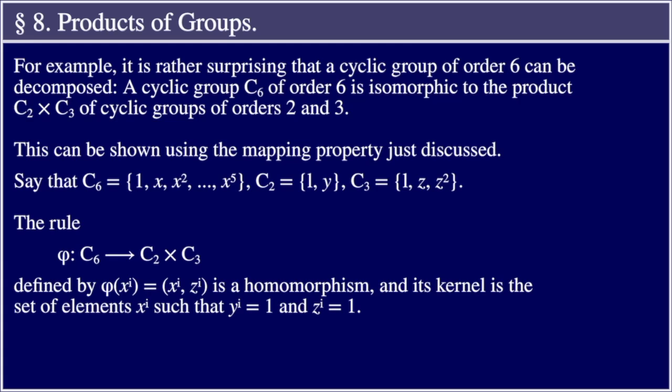The rule φ mapping C6 to C2 × C3 defined by φ(x^i) = (y^i, z^i) is a homomorphism, and its kernel is the set of elements x^i such that y^i = 1 and z^i = 1.